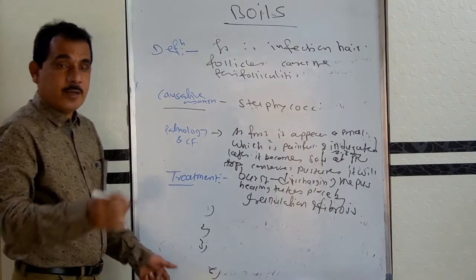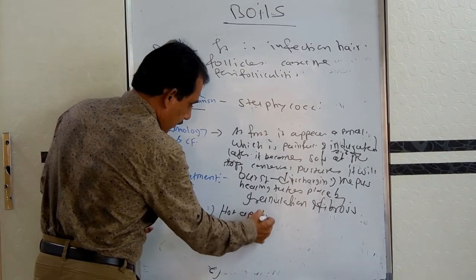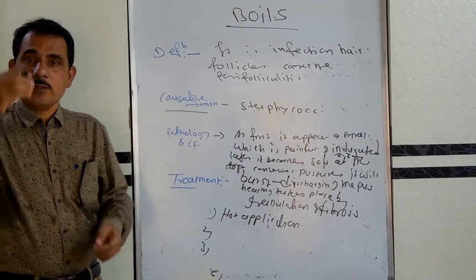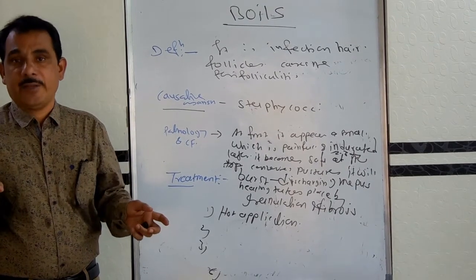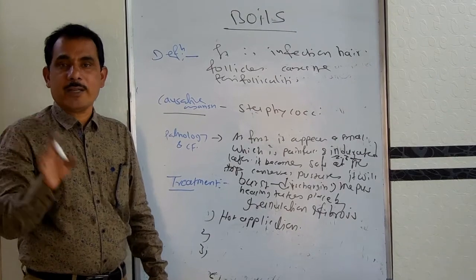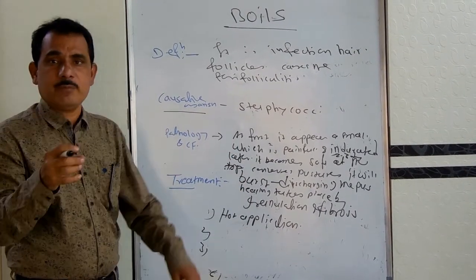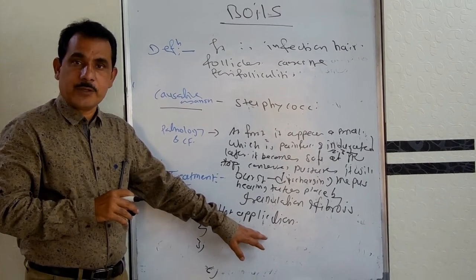In treatment, hot application is the best treatment. Whenever a boil occurs, hot application should be carried out on it. The boil will heal immediately. Usually antibiotics are not needed. Elevation of the part is sometimes needed if it is on a limb, but mainly hot application is sufficient, isn't it?